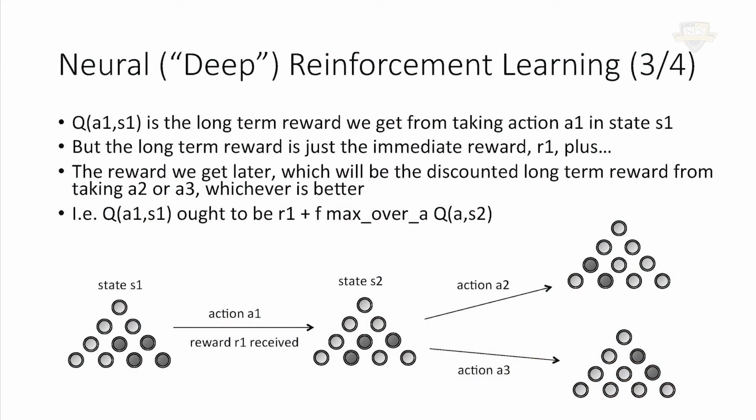Whatever the long-term reward is for taking that action in this state, it's related to the long-term reward that you would get by taking the best possible move in the next state. Now, how is it related? Well, because the long-term reward from this state is just the immediate reward that you receive plus the long-term reward out of the next state if you make the best possible move. So that's what this mathy-looking thing is trying to tell you right there, and nothing else.